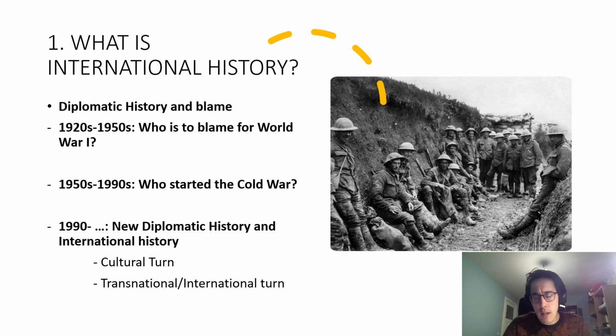But these blame questions, as I've indicated, weren't really productive scientific questions for history, and that sort of changed in the 1990s, already in the 1980s, when new diplomatic history emerged, and international history emerged. What is new diplomatic history? New diplomatic history tries to think more broadly about how to explain changes in the international system. Incredibly important is the emergence of the cultural turn. We'll talk about this later.